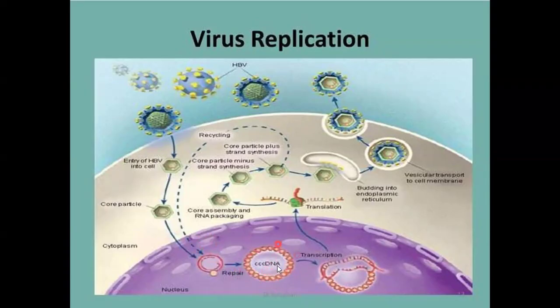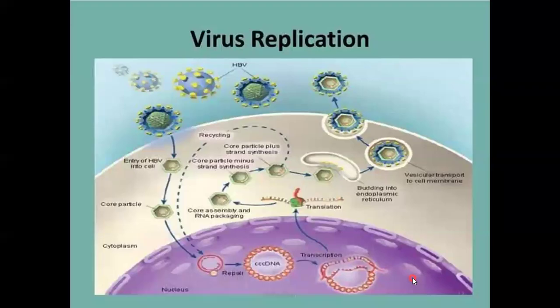And this one will now act as a template for transcription. So have you understood? The partially double-stranded DNA will be converted to cccDNA, which will act as a template for transcription. Then from here, transcription occurs, so the RNA polymerase transcribes this into viral RNAs.